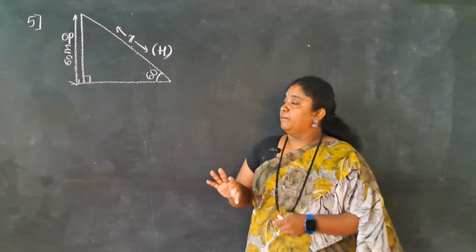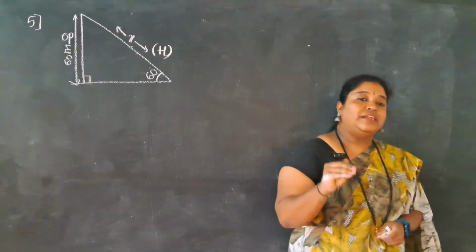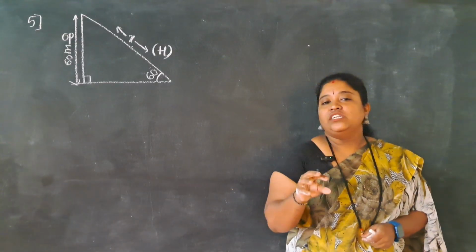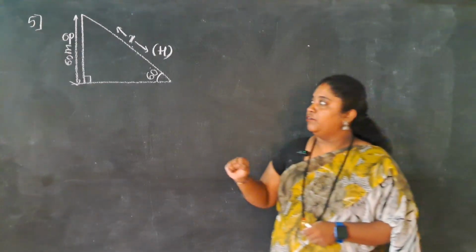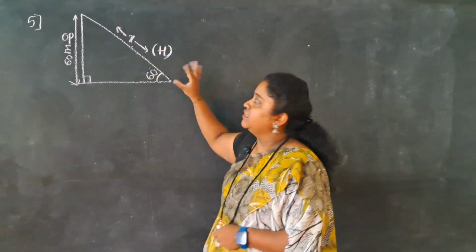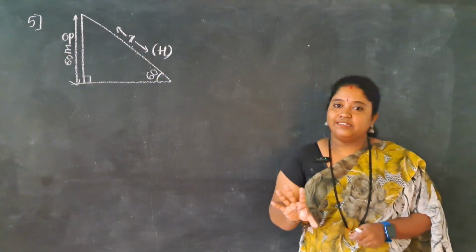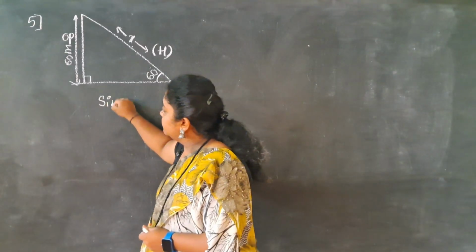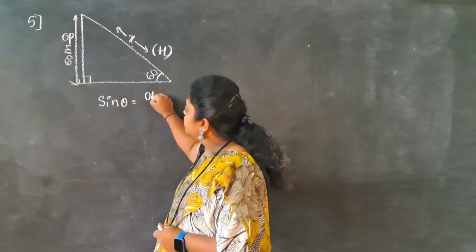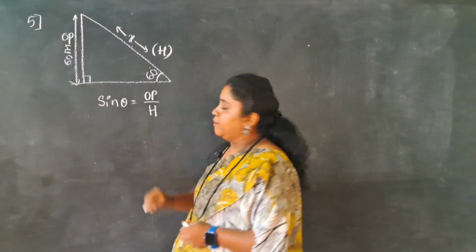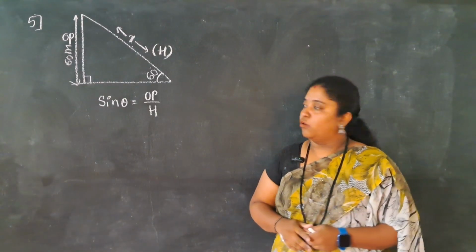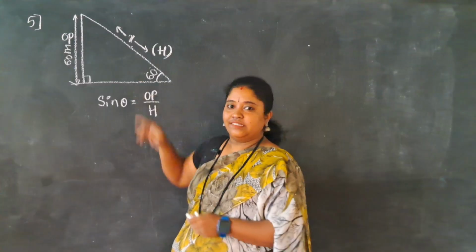Now, do remember which trigonometric ratio gives you the relation between opposite and hypotenuse. Nothing but sine theta. Yes or no? So I'll write here, sine theta is equal to opposite divided by hypotenuse. Theta is how much? 60 degree.